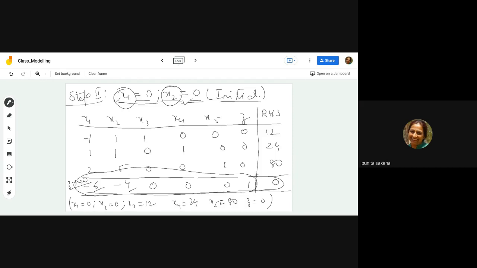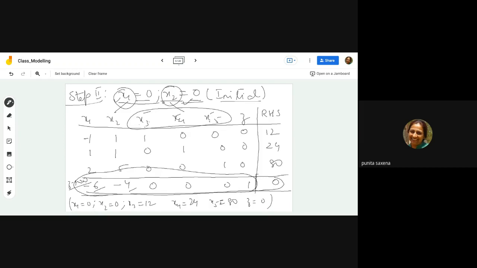It's just that the variables which we are putting equal to 0 can change. So definitely either x1 or x2 will become non-zero, and out of x3, x4 and x5, one of them will become 0. Which one? We are not sure as yet.